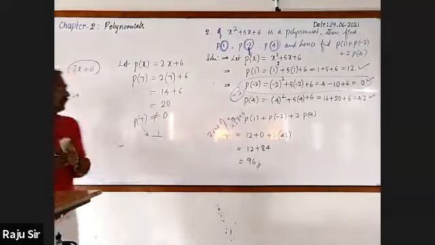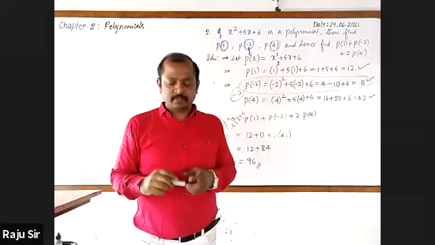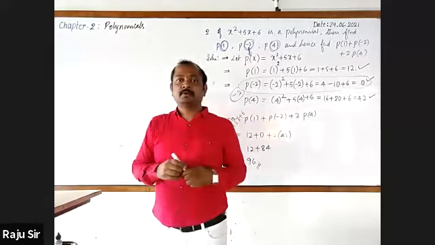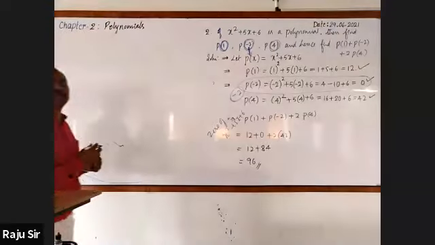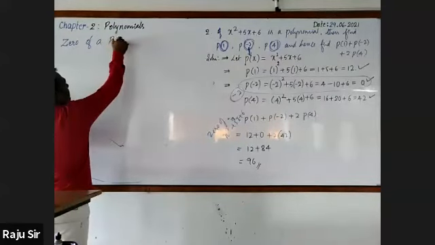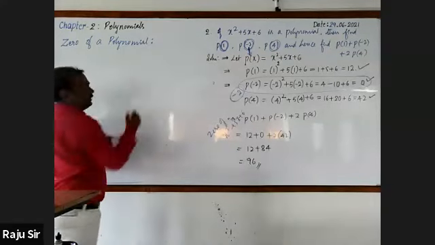Okay. Now, I'll give you the definition of the 0 of a polynomial. Very important. Please put a star mark and write. 0 of a polynomial.